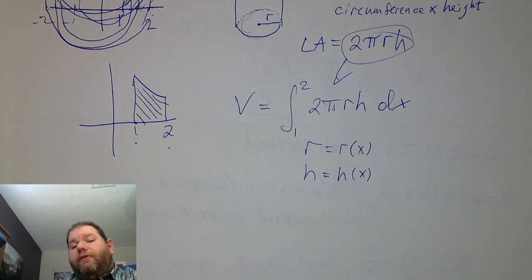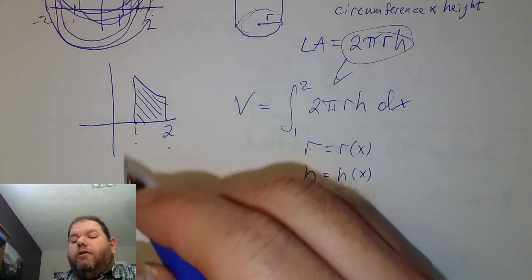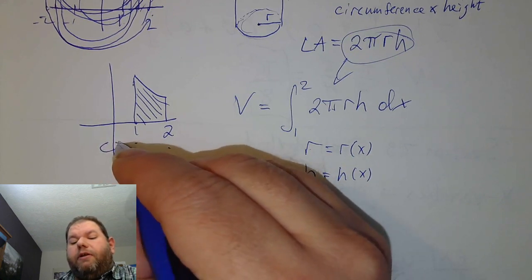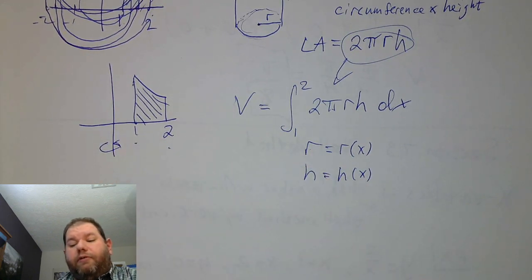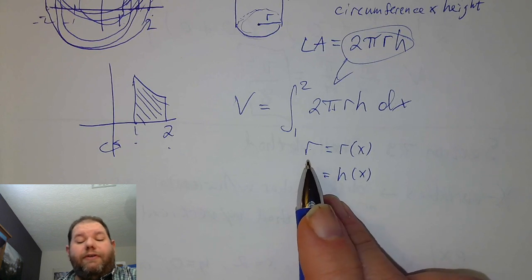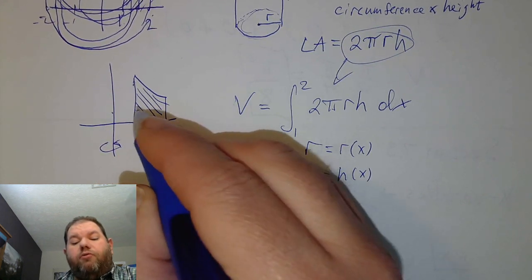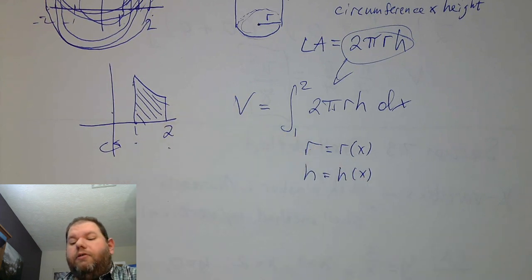In the context of these cylinders, r is the distance from the axis of revolution to the individual x values here.